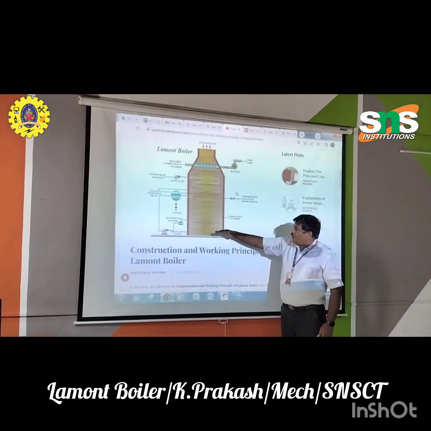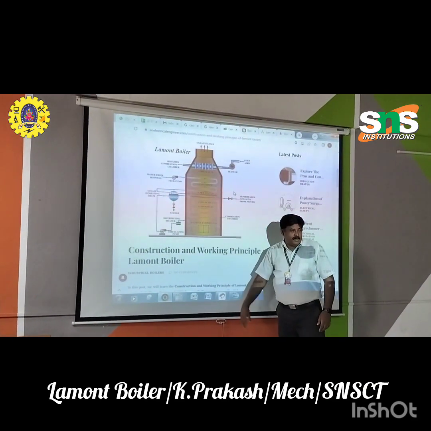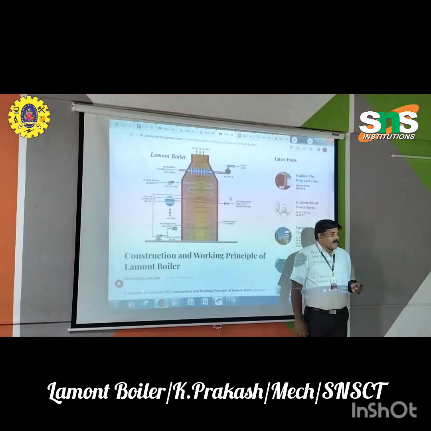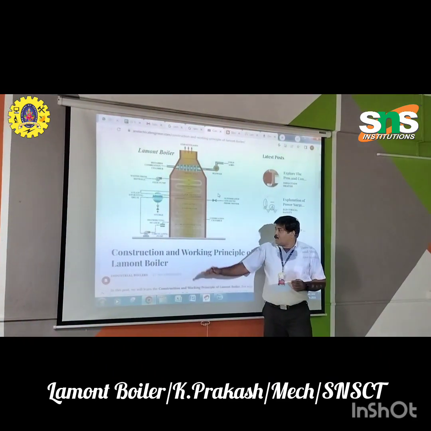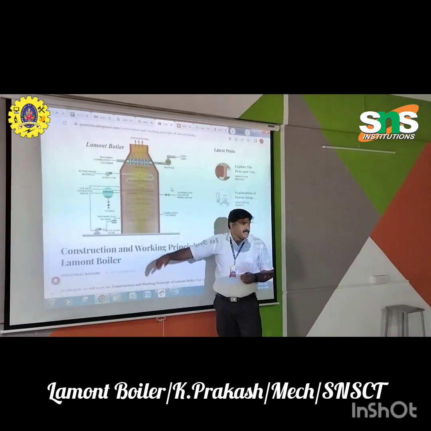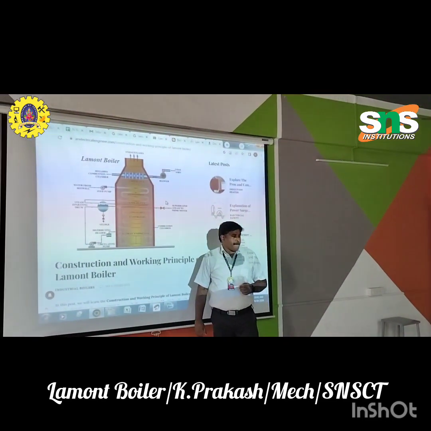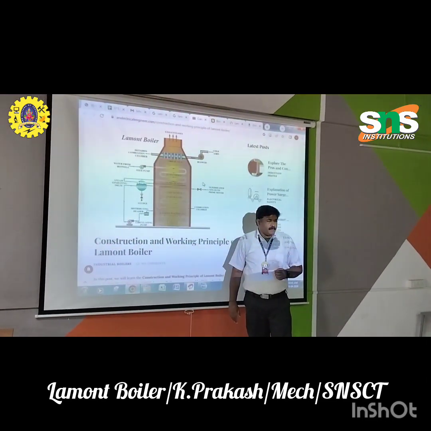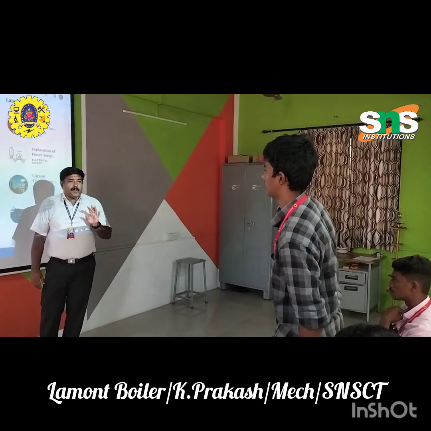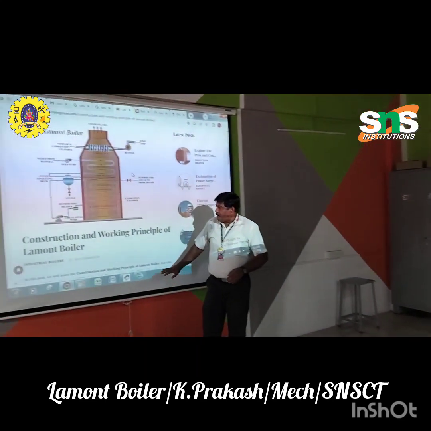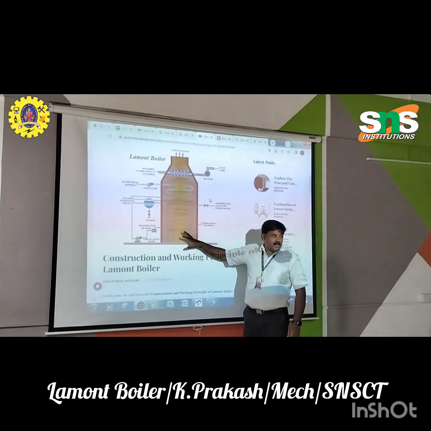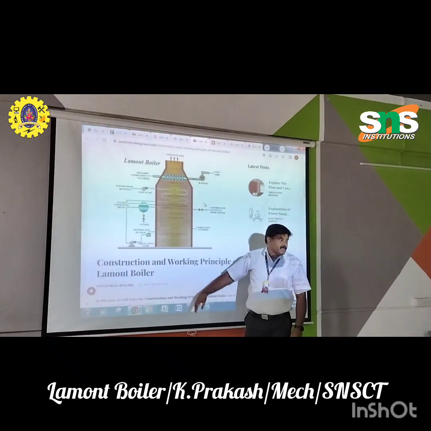Now can you tell me why these different zones are available? In the previous class we discussed conduction, convection and all. What is the difference in these zones? Why are they separated like this? What is the reason? Any idea? Very good. Tell me. Different temperatures. Okay. Because initially when the flue gas is entering here, it has a large amount of heat energy.